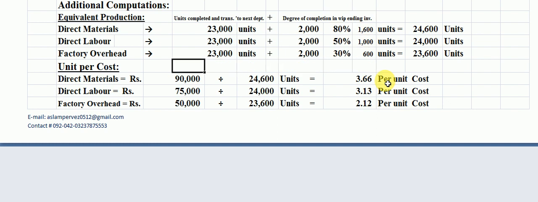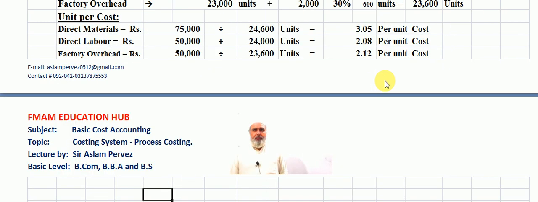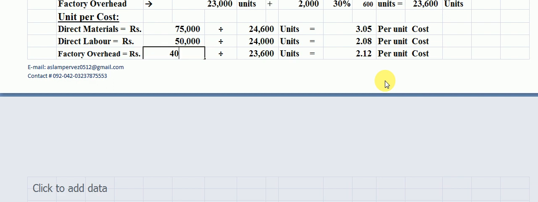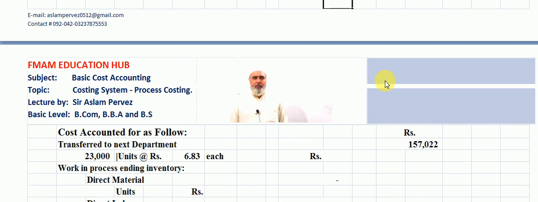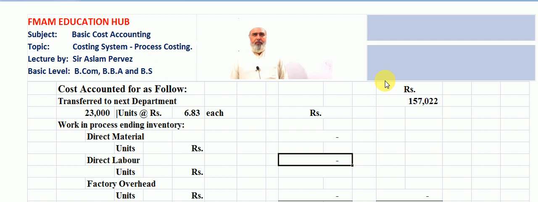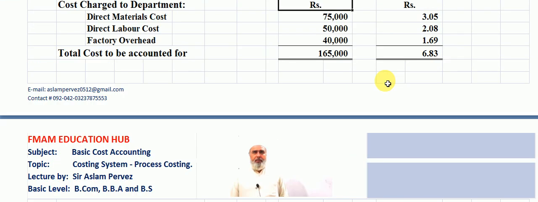So here is 75,000 rupees, not 90,000 rupees. Same as 50,000 rupees here and 40,000 rupees here. Now these are the cost per unit. Sorry, this cost is 6.83 per unit cost here.